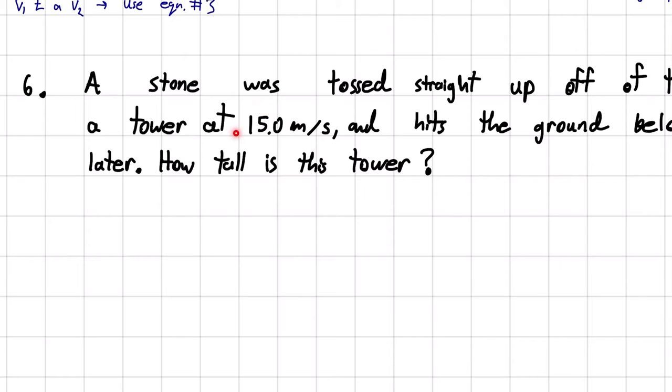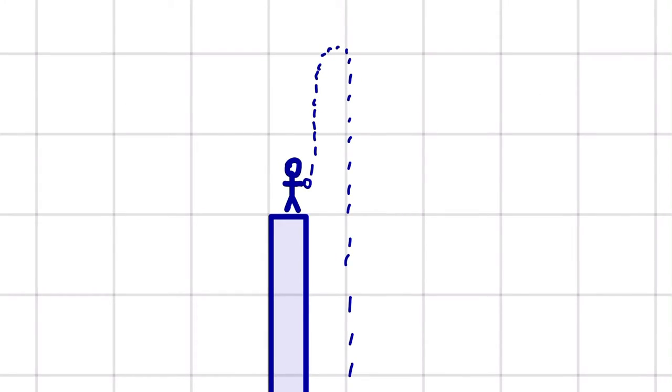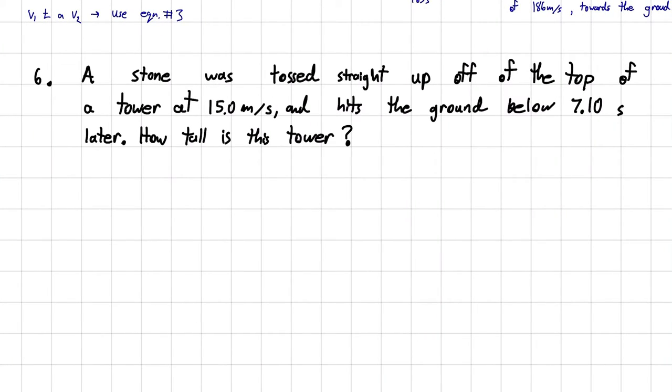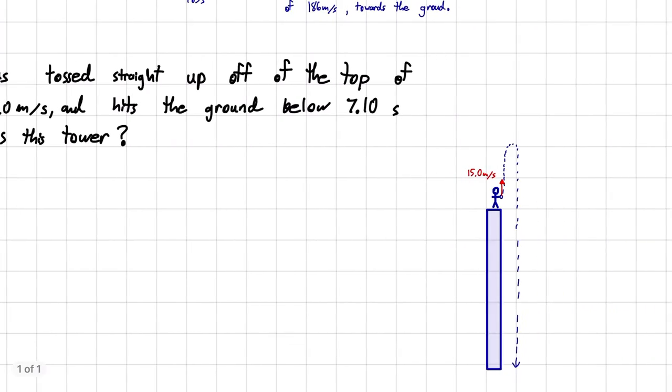Well, it's thrown up at 15 meters per second, so that means this speed initially is 15 meters per second. And the other piece of information is that it hits the ground below 7.1 seconds later.